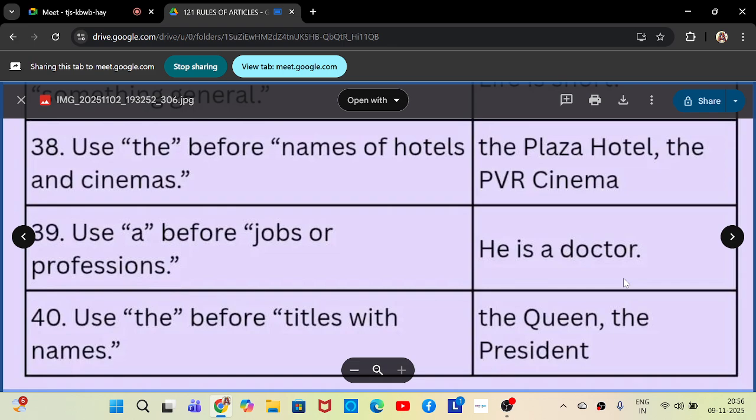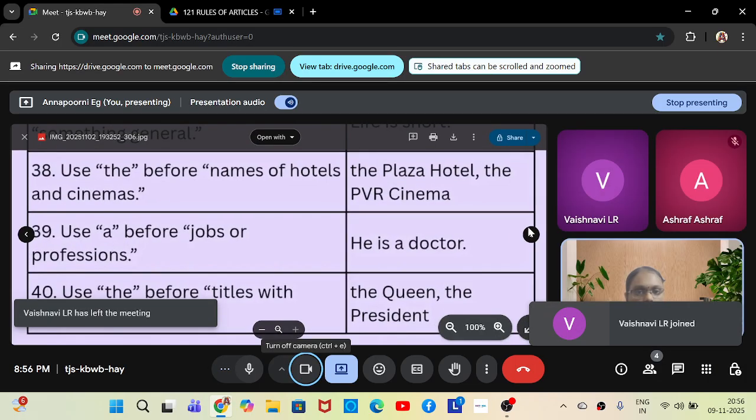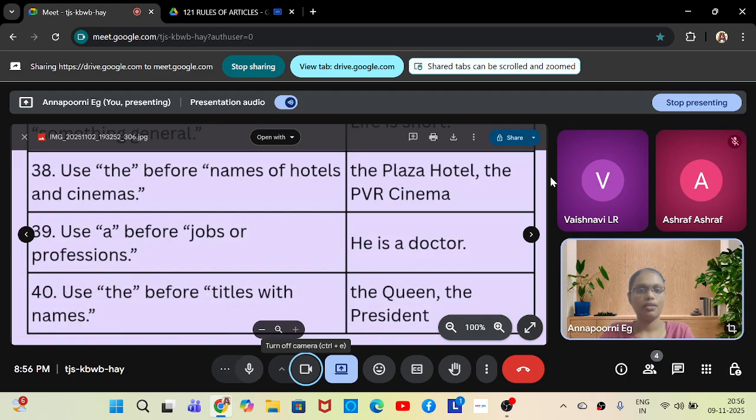Yes, Vaishnavi, you have to answer as a sentence, okay? Who is the President of India? Draupadi Murmu is the President of India.